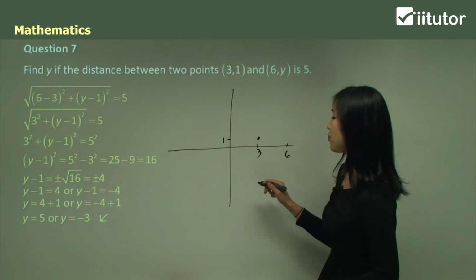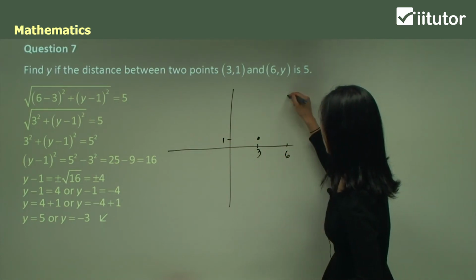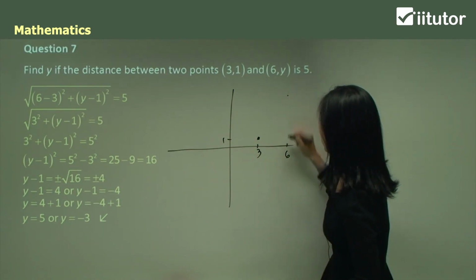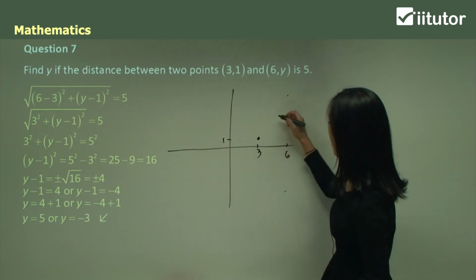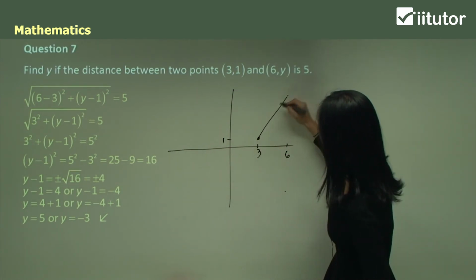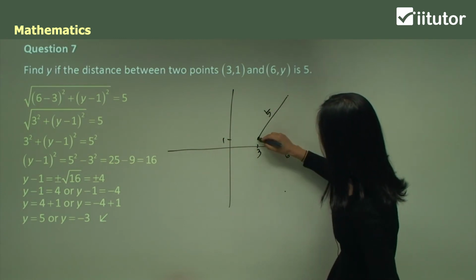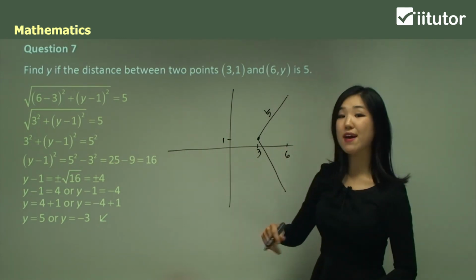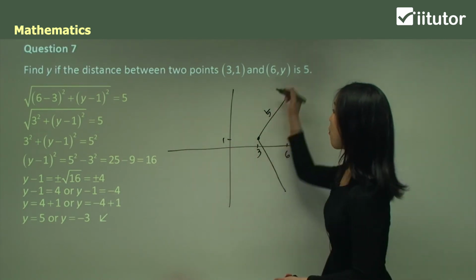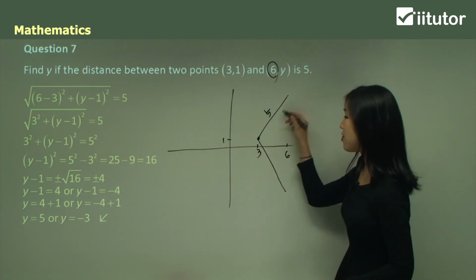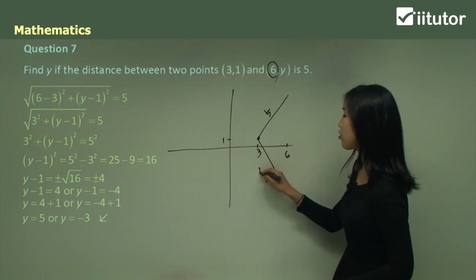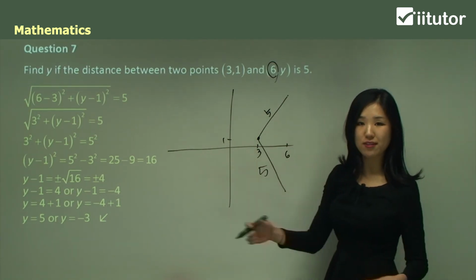Now y could be up here, or y could be down here. The reason why it could be two solutions, because this could have a distance of 5, and this could also have a distance of 5. So for one x value, we could have two y values because those two distances could both reflect 5 units.